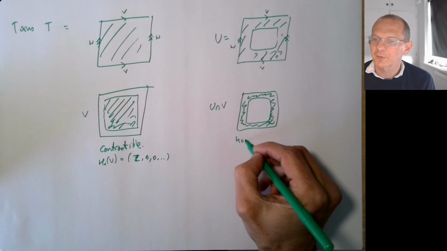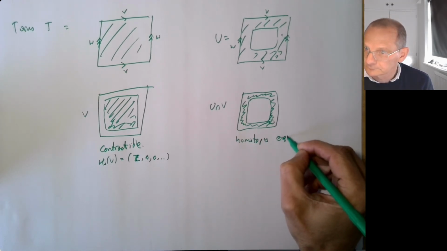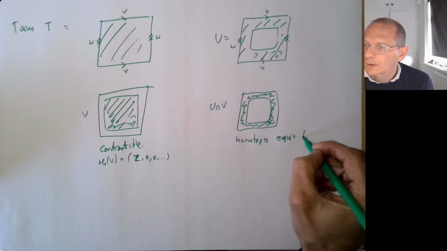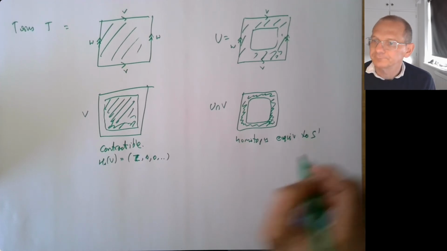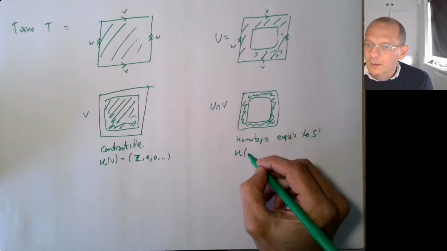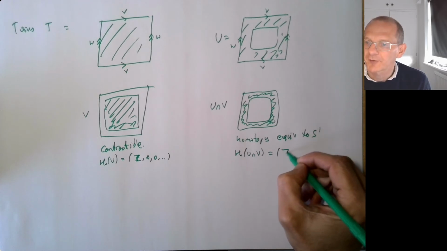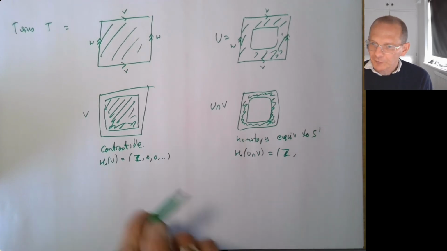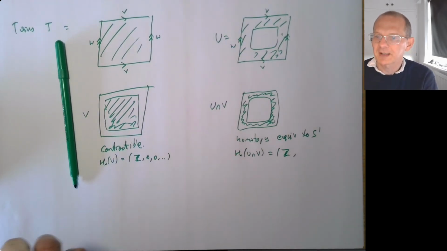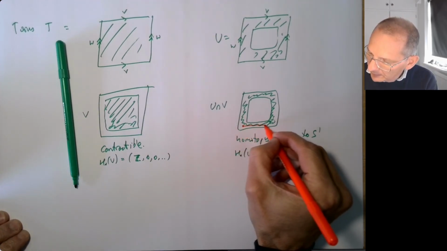Whereas this is homotopy equivalent to the circle S1. So the homology of U intersect V, you've got a Z in degree 0, and then we've got a Z again in degree 1. We'll just mark in a generator.